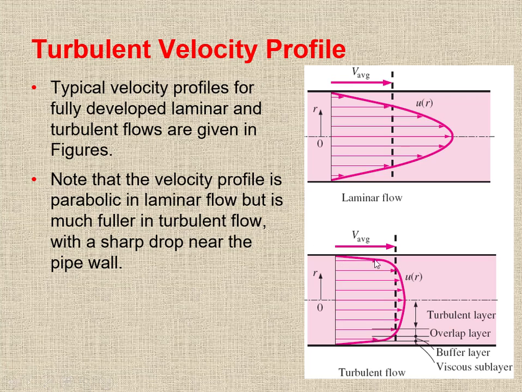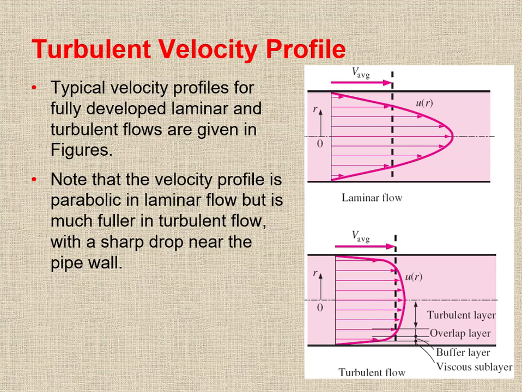This is the shape of the velocity profile of turbulent flow, with a sharp drop near the pipe wall, and after that it's almost uniform. This is the difference between fully turbulent and fully laminar flow velocity profiles.